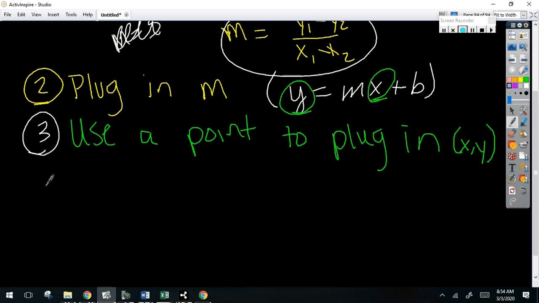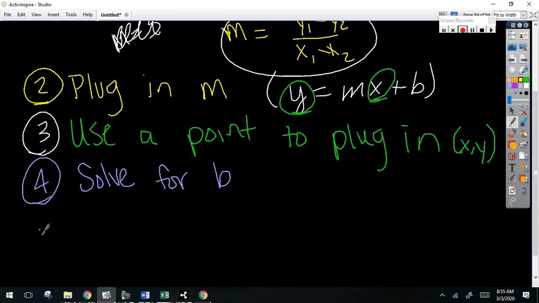Then we can solve for b. If you don't like, well, write it anyway. I like to sometimes have a step chart. It helps me as I go through to practice the problems until I learn how to do it on my own. And then our last step will be to write the equation. So we're going to use these steps and do another example.